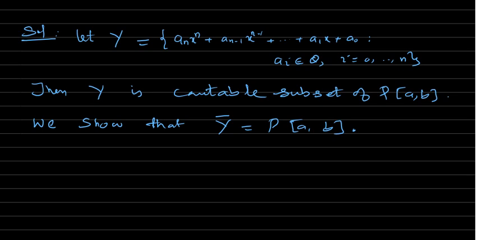You can apply the denseness of Q in R. Q is dense in R, that you can apply here, as this is with rational coefficients. So we can always approximate any polynomial with real coefficients by a polynomial with rational coefficients. That can always be done.